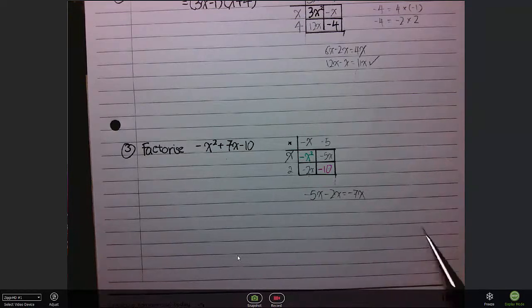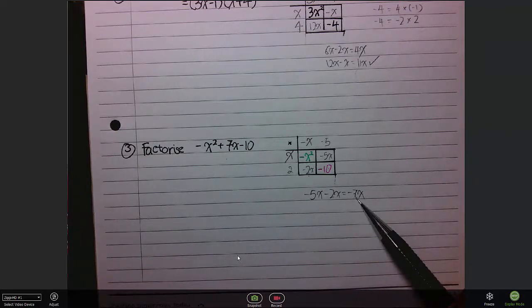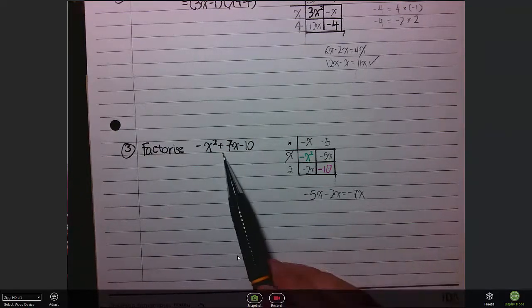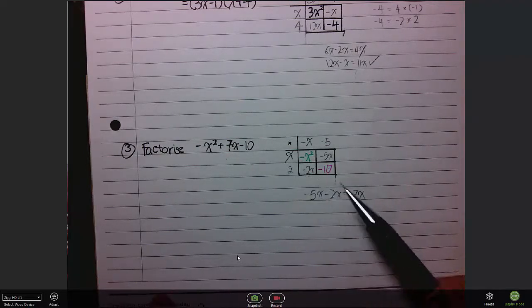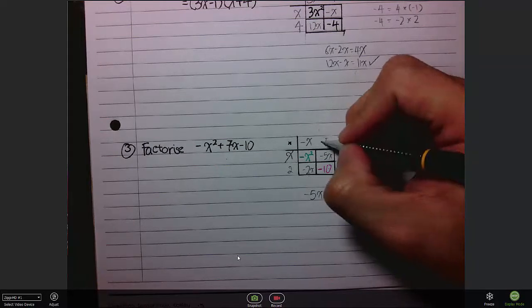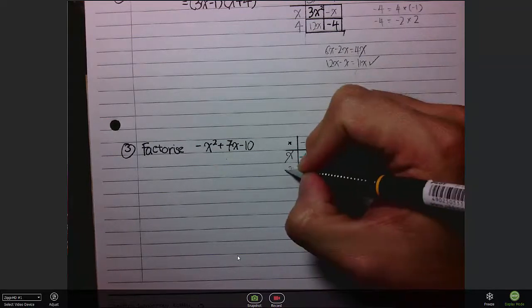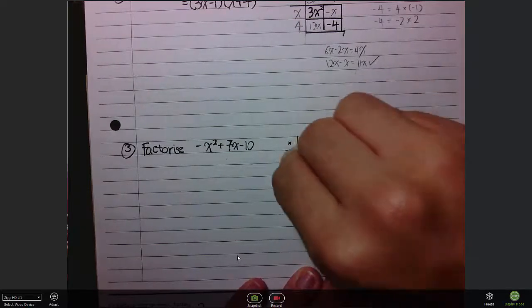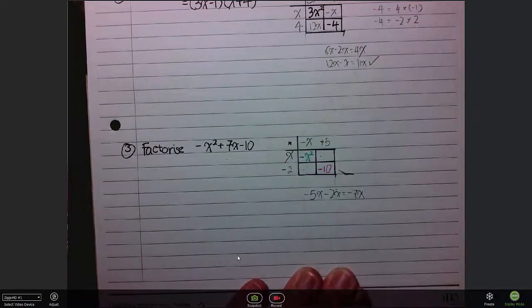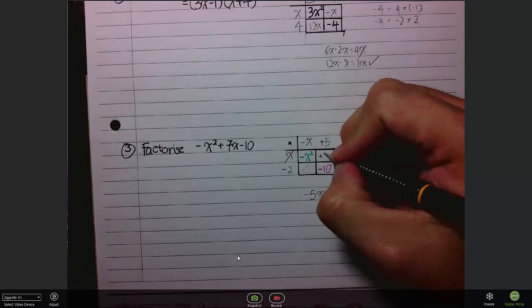In cases like this, if you know that the magnitude is correct but the sign is wrong, what you can do is simply look at these two and switch the sign. So instead of negative 5 here, I write plus 5 and minus 2. Then I try again with the multiplication to be sure. 5 times x gives me positive 5x.